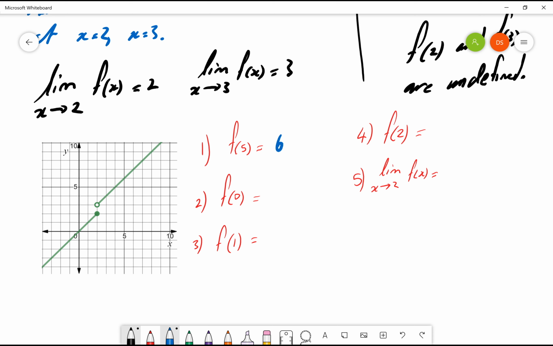What about 0? It's 0. And at 1, it's 1. What of f of 2?